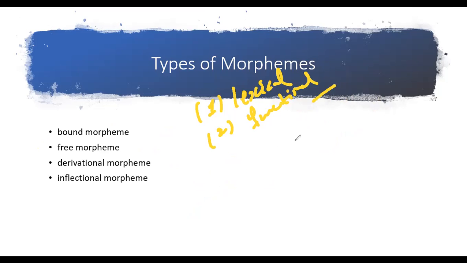Now, the word classes, like nouns, adjectives, and verbs, are basically lexical morphemes. Why are they called lexical morphemes? Because we can have as many nouns as possible in a language, or as many adjectives, or as many verbs, especially in the English language.